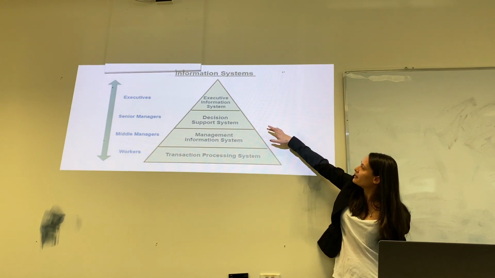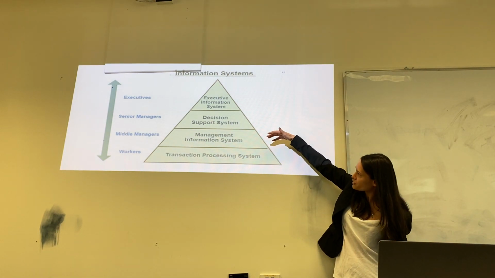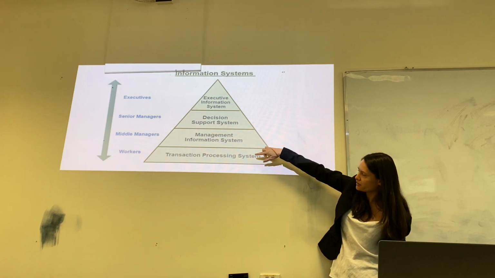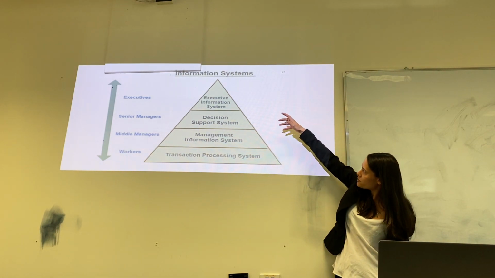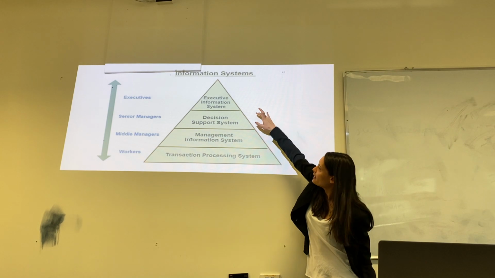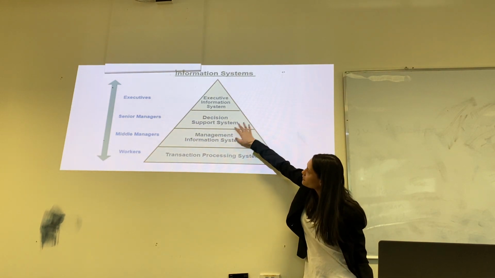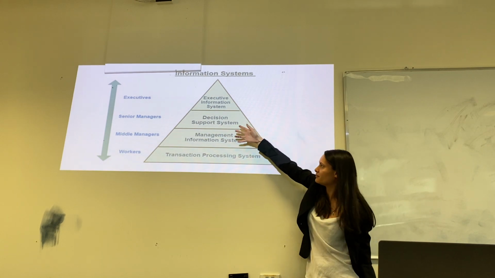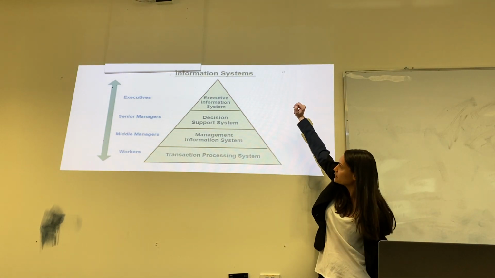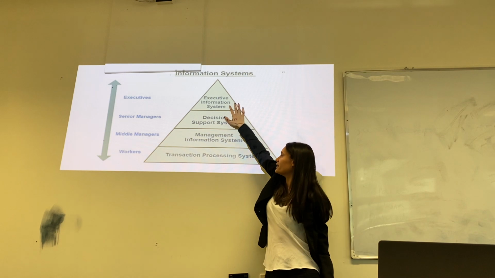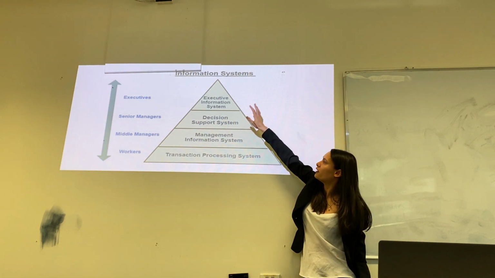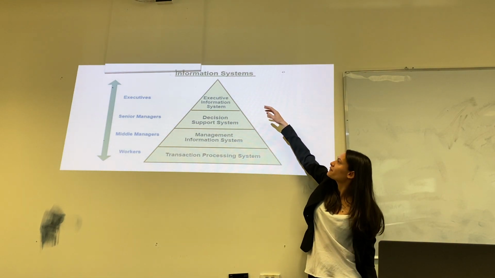It helps the middle managers to see the information from the stores and the storage, the warehouse. The senior managers can access all the information from the previous ones. And at the executive level, they can access all the other systems.